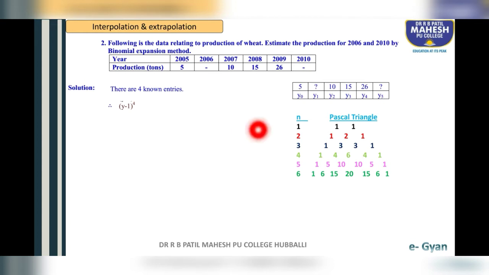So friends, you see here, these are y0, y1, y2, y3, y4, y5. So in this series we have to find the missing value of y1 and the missing value of y5. The next step is to generate two equations. So you have to expand this. How to expand this?